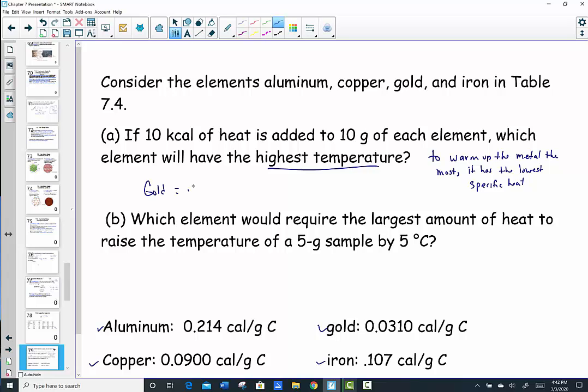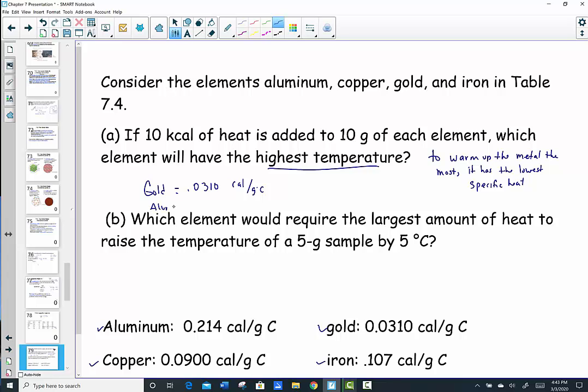The gold specific heat is 0.0310 calories per gram degree Celsius. So thinking about how much it would raise if I added 10 kcals? A lot. And which one would hardly move at all? Which one is the biggest specific heat number?